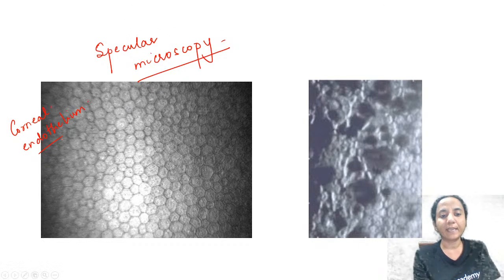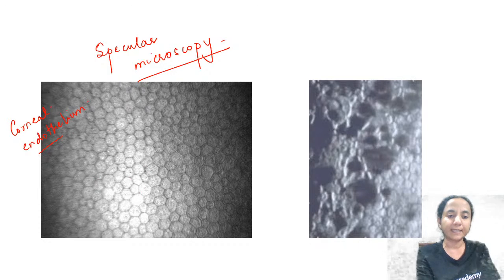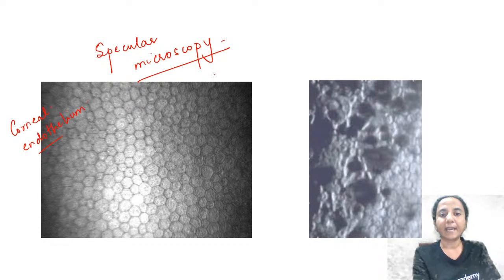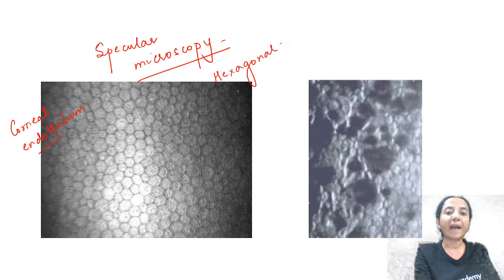So let us look at these endothelial cells here. If you look at these cells, they are hexagonal in shape, and they are tightly packed. So this is what a normal corneal endothelium looks like.